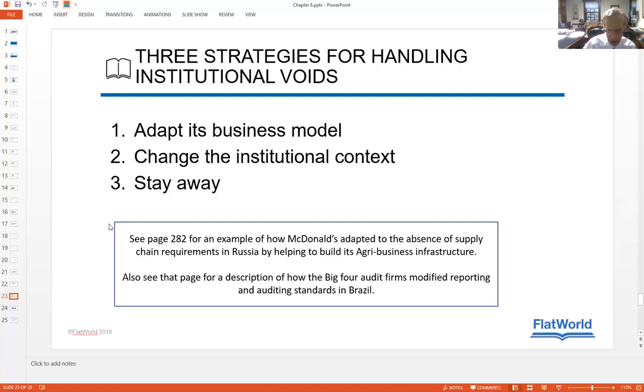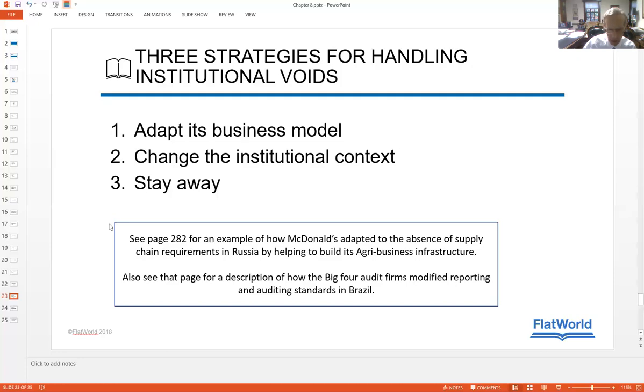It took McDonald's some time and a lot of capital to develop the infrastructure that it needed to do business, and it had to adapt its business model in order to ultimately get going in Russia.